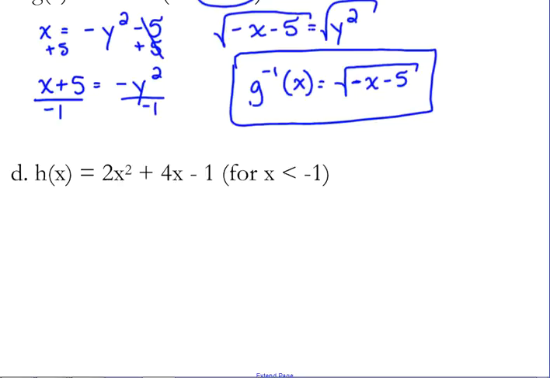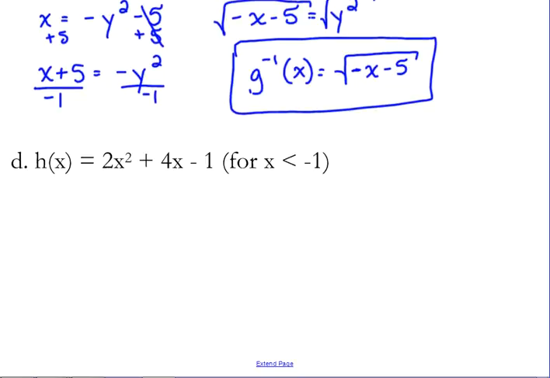Okay, let's look at h of x. Example D, h of x is equal to 2x squared plus 4x minus 1 for x is less than negative 1. So, first of all, negative square root, because it's less than.